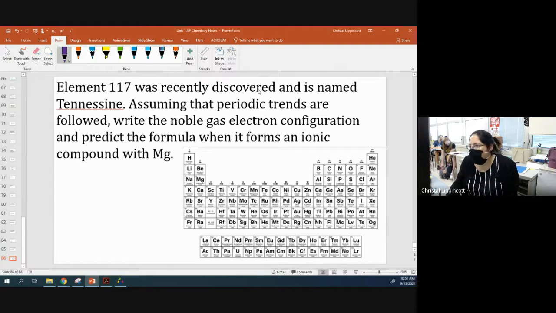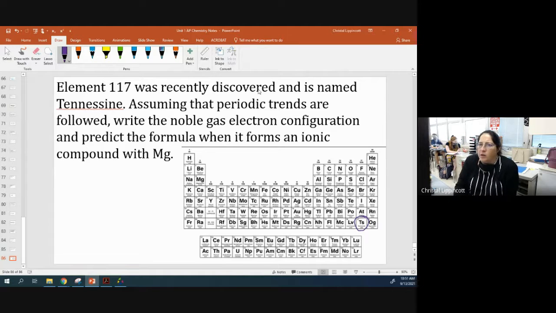Tennessine is right here on your periodic table. When you write the noble gas configuration for it, write it as a noble gas. So do the abbreviated. That means the abbreviated one.